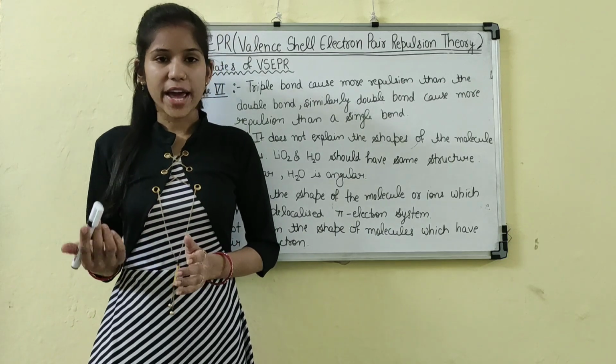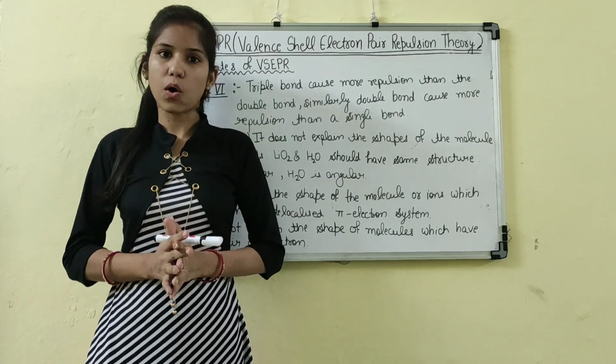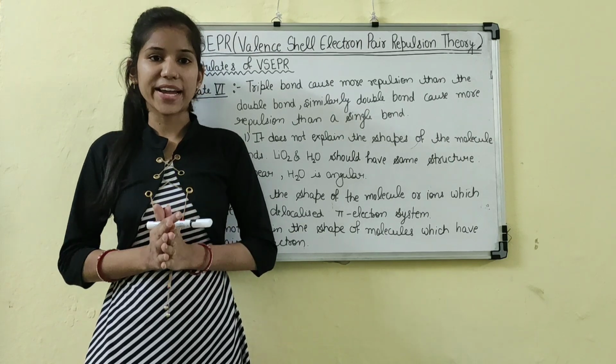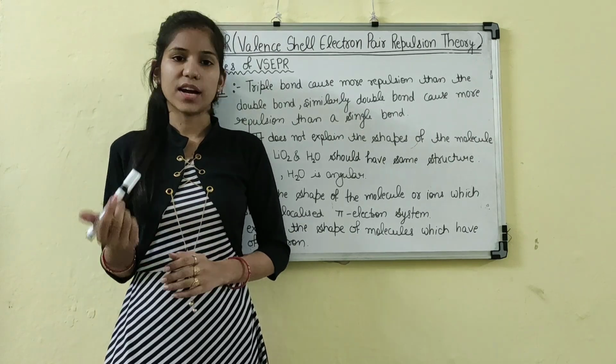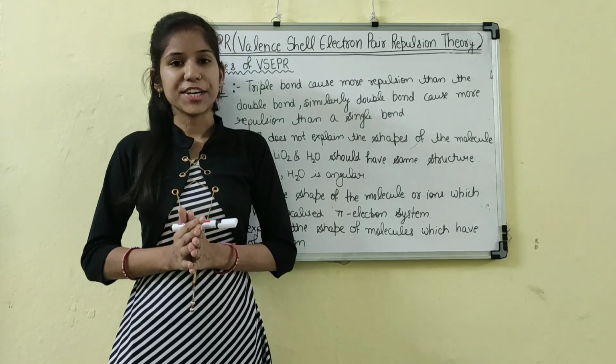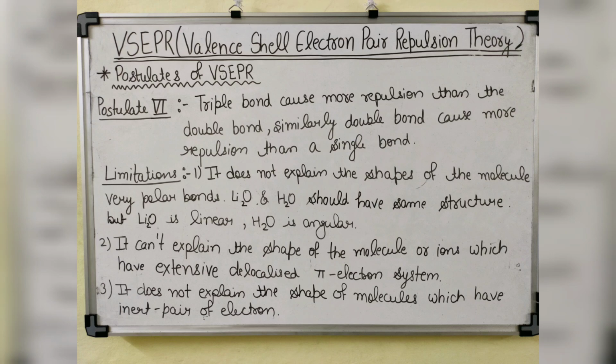Second, it cannot explain the shape of a molecule or ion which has an extensively delocalized pi electron system. Third, it cannot explain the shape of molecules which have an inert pair of electrons.